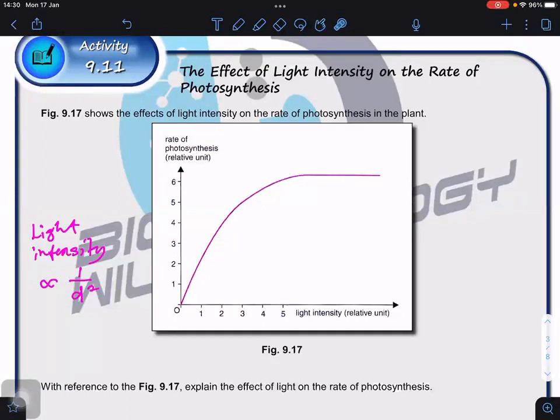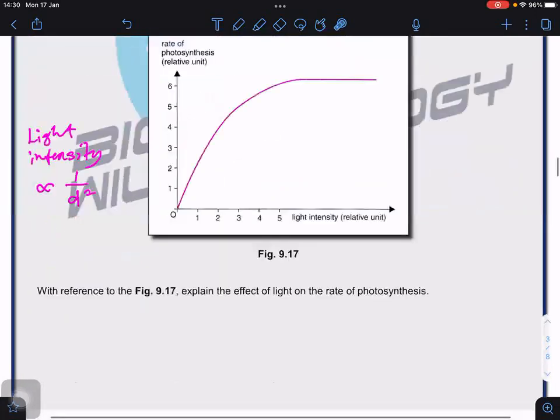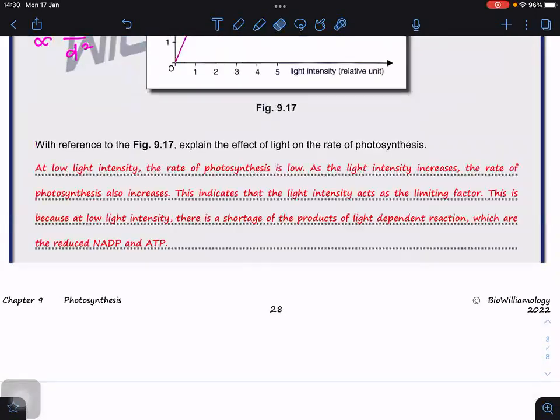When we talk about light intensity, which pathway is affected in this case? Non-cyclic photophosphorylation of the light-dependent reaction. So how do we explain it? Very simple.